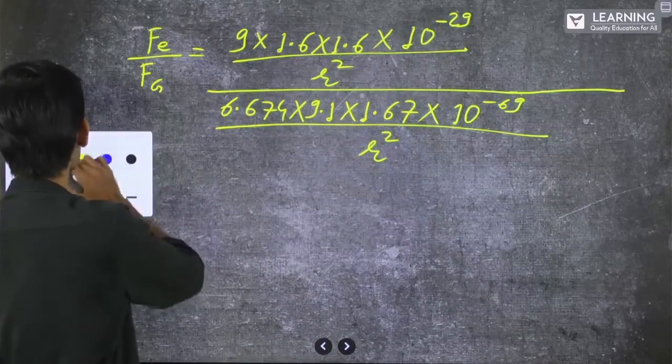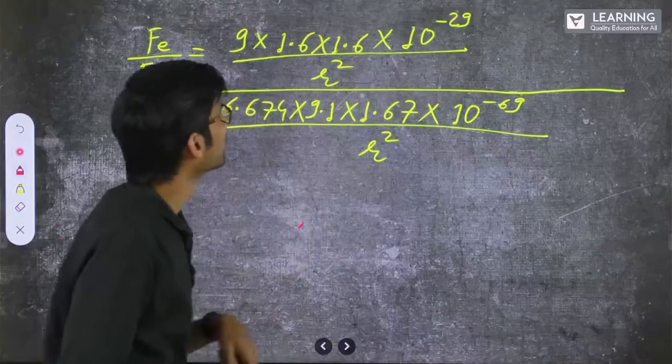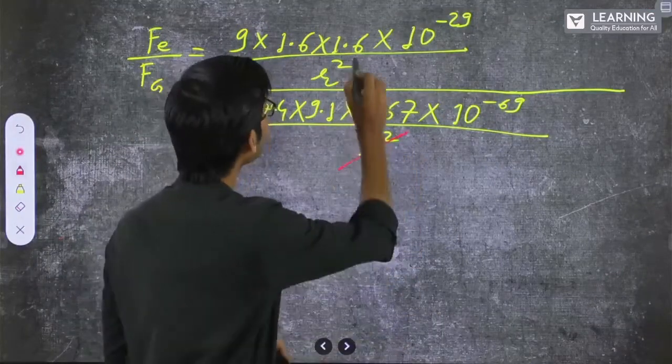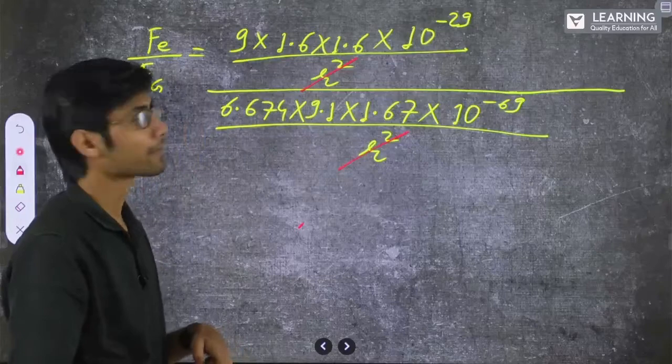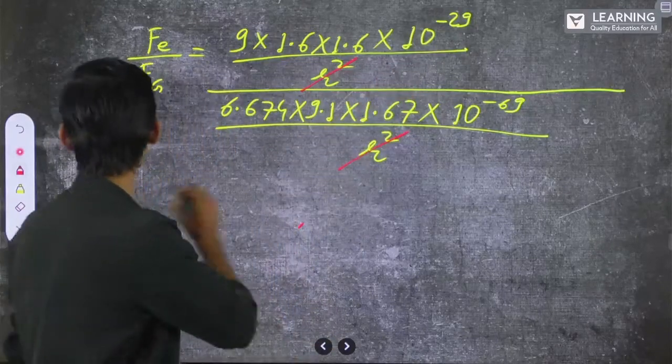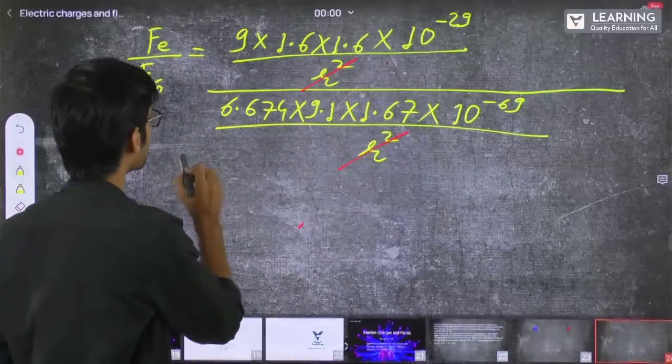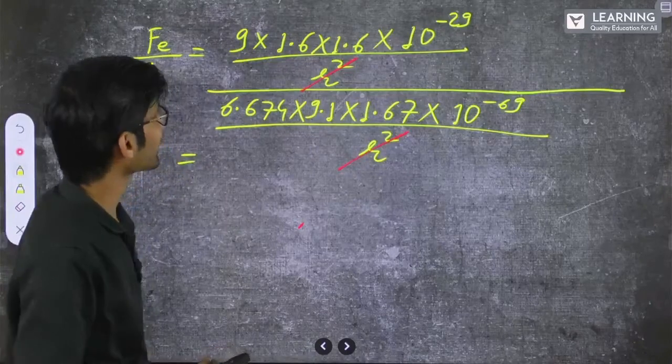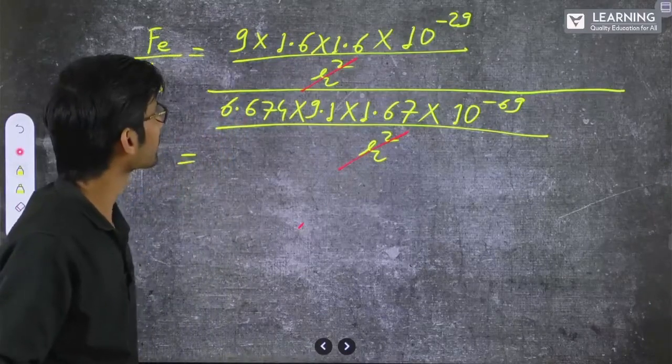Now, here this and this will be cancelled. If I solve this, what will I get? Let me use the calculator. You can also use your calculator.